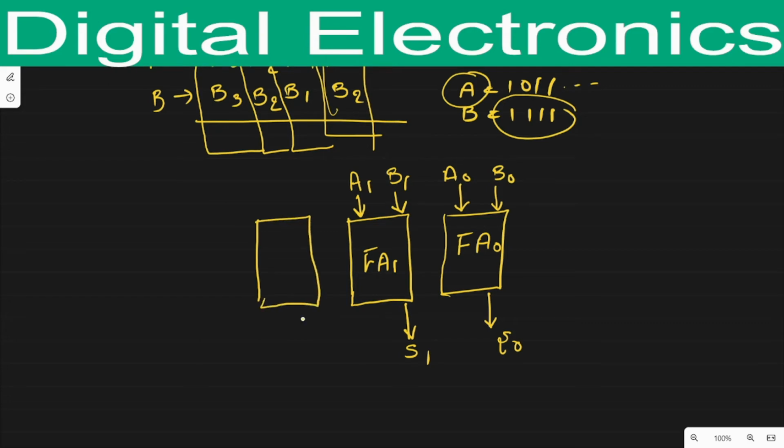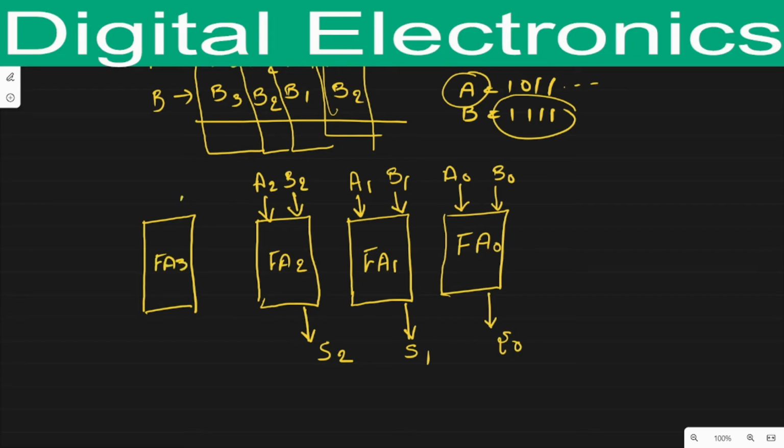The third full adder is FA2, its inputs are A2 and B2, and its output is S2. The last one is FA3, where the input bits are B3 and A3, and accordingly we will get the sum S3.